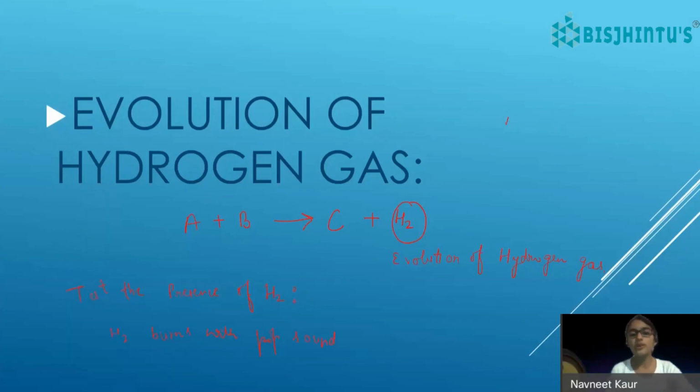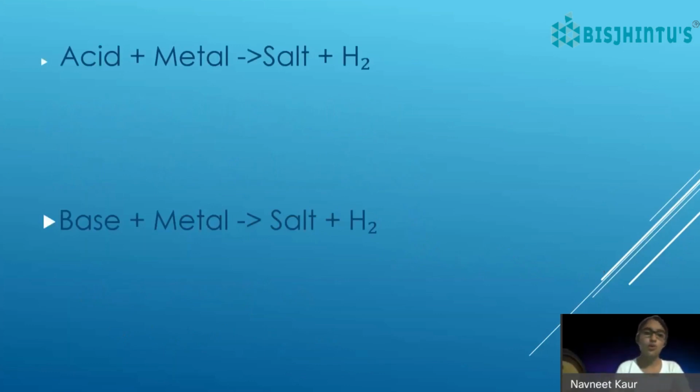This is not under this particular topic, but it is a very important point and you should keep it in mind and mention it in your notes. Here we will study how evolution of hydrogen gas takes place. Let me recapitulate what we have read in today's lecture.